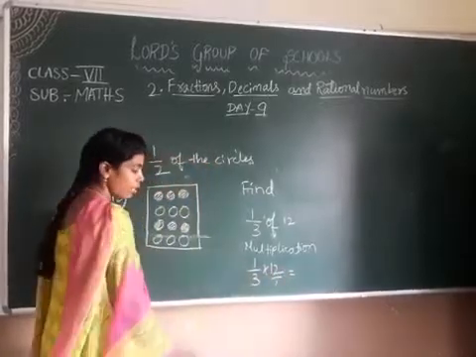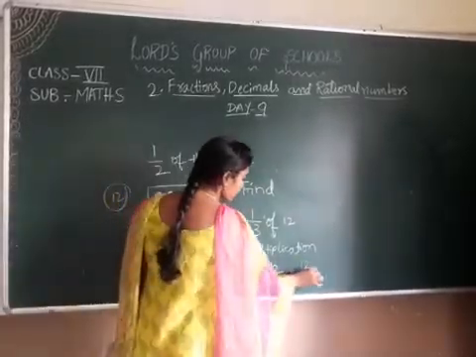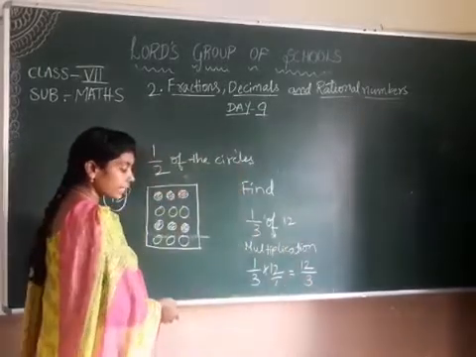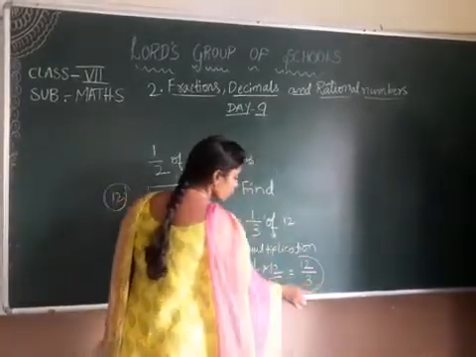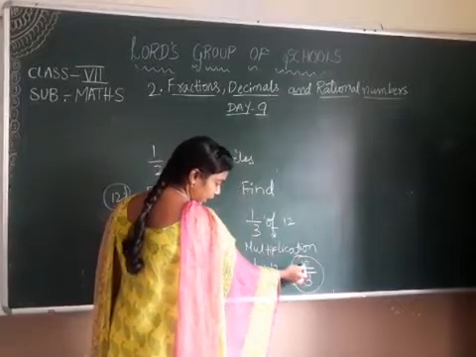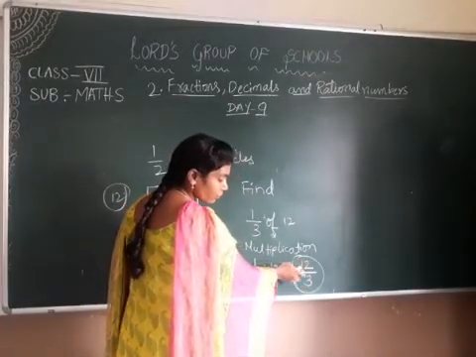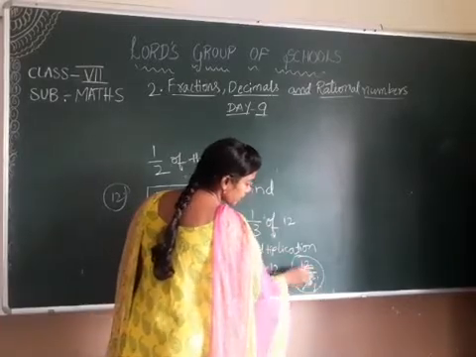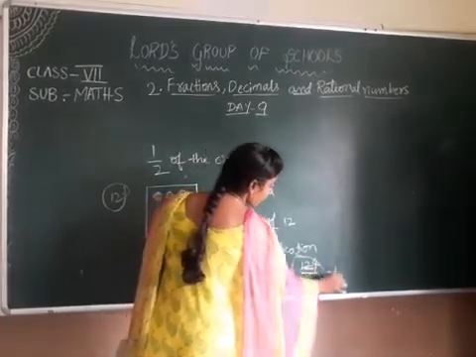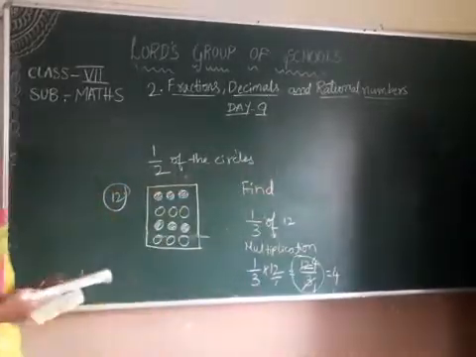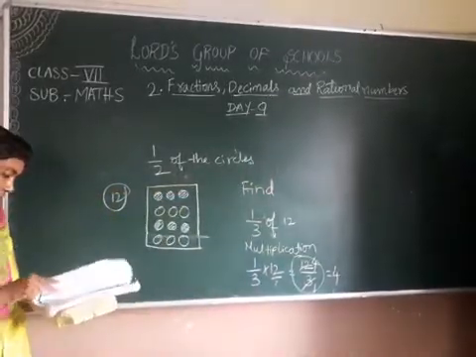Nothing is there means 1, so 1 twelves are 12 by 3, which is 12 by 3. Here you can also do the simplest form: if it divides by 12, 3 ones are 3, 3 fours are 12, so divide and write the answer. If it is not dividing, you can keep the answer like that only.